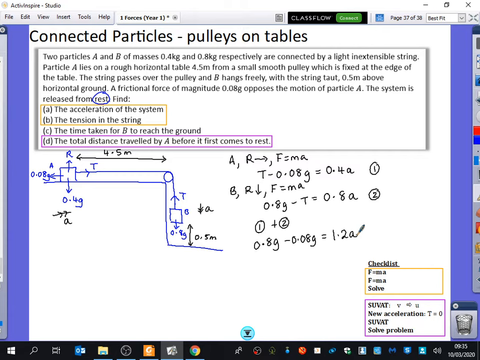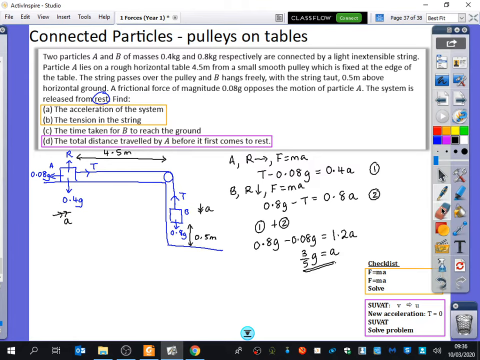So we'll do 0.8 minus 0.08 and divide it by 1.2. So it looks like we get the acceleration is 3/5 g. I did 0.8 minus 0.08, divided it by 1.2, and came up with 3/5 or 0.6. In fact, I'm probably going to use it as 0.6 g. It's probably going to be a little bit easier.